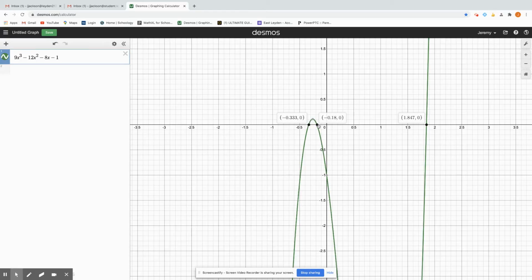This, negative 0.18, do you know what that is as a fraction? Do you know what 1.847 is as a fraction? Probably not. But those are the answers that these math programs are going to want, that the ACT, the SAT, that's what they're going to want. They're not going to want the decimals, okay? So, long story short, we have a zero that we can definitively say, yes, this is negative 1/3.